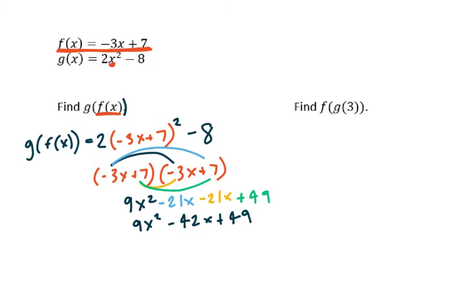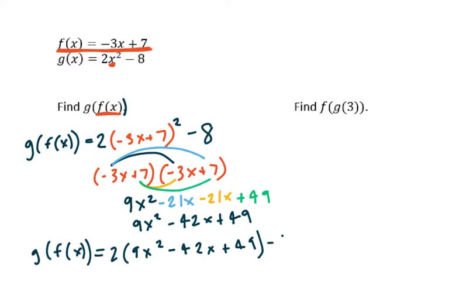So we're now going to substitute this in for negative 3x plus 7 squared, which is going to give us g of f of x equals 2 times 9x squared minus 42x plus 49 minus 8. We want to distribute this 2 here, which is going to give us 18x squared minus 84x plus 98.